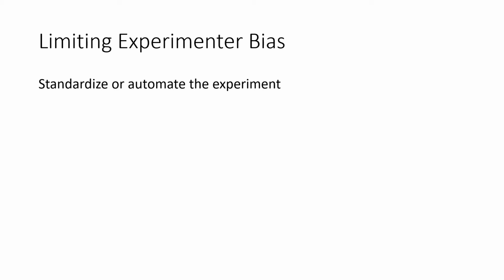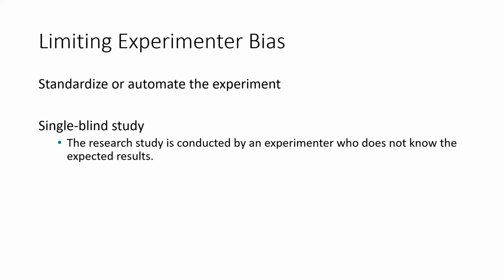Well, let's look at what it means to be blind to a study. A single blind experiment is where the research study is conducted by an experimenter who does not know the expected results. However, the participants would know what's being studied. Now you might ask, how can a researcher not know what's being studied? This is where you've got a primary investigator. For my study, I was the primary investigator.